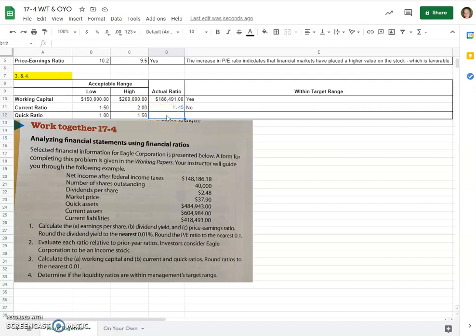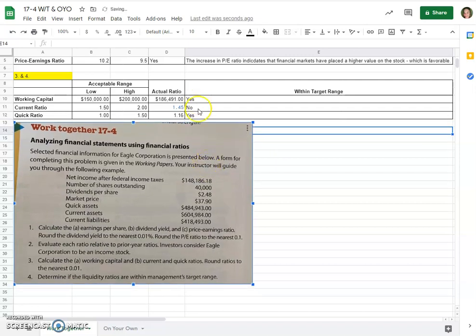So we have quick assets of 484,943 divided by current liabilities of 418,493, which is 1.16. So our company is deemed that anything between 1 and 1.5 for quick assets is good. So quick assets, generally just your cash, petty cash, accounts receivable.